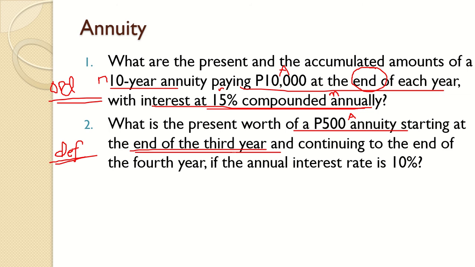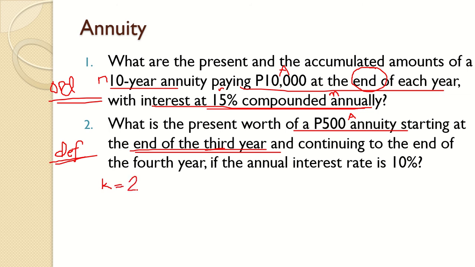Pero kanin nagsugod mo ng bayad sa end of the third year, meaning mo atras tag isa, our K is the second year. So that's our K. 3 is not our K, but the year before the third year is our K. And that's 2. So, diri na tayo A, dayon ang atong K kay 2.